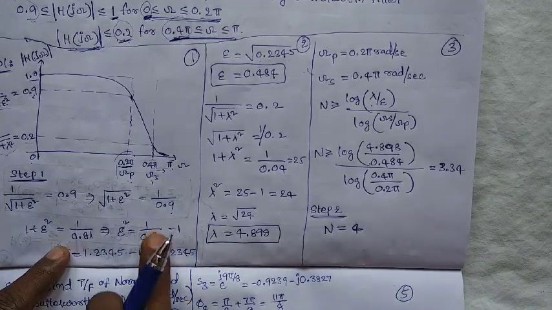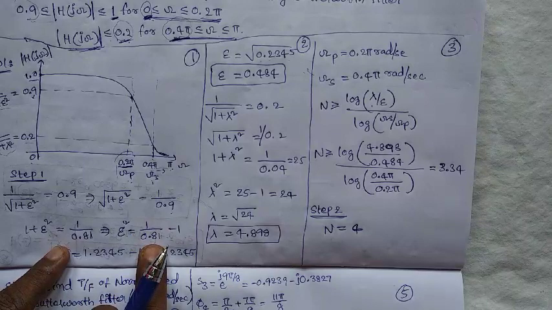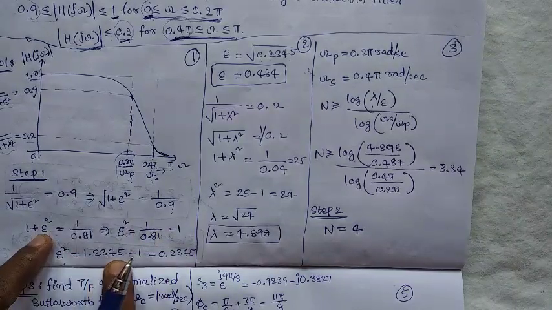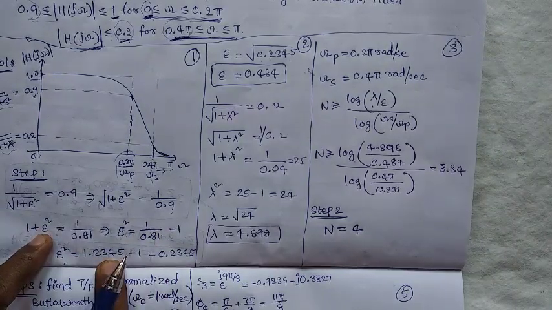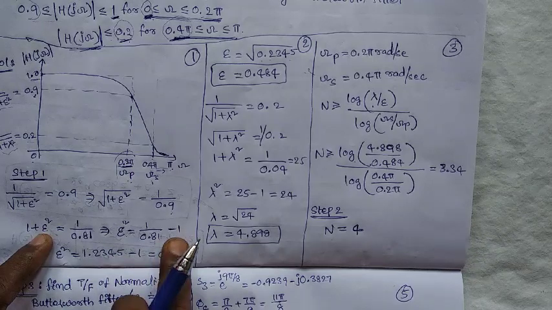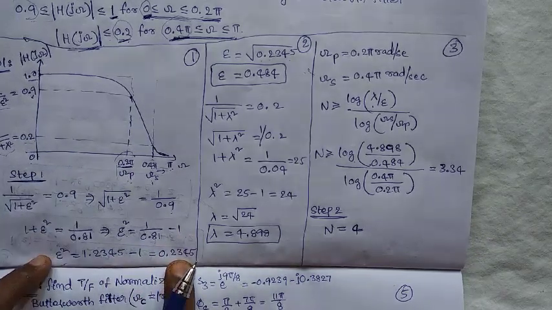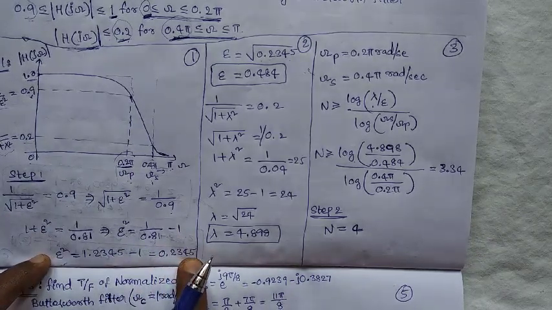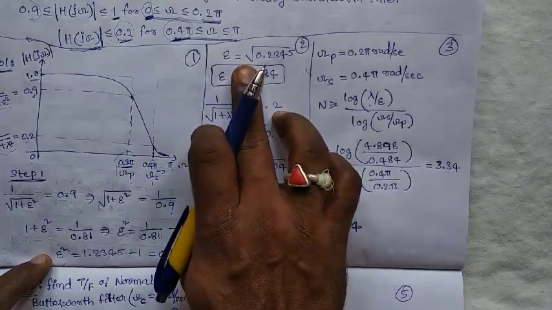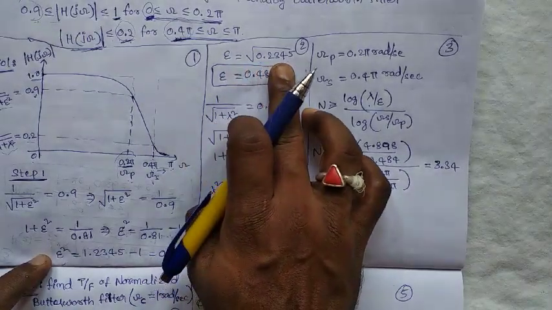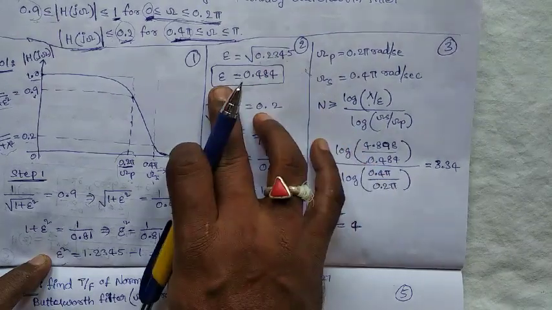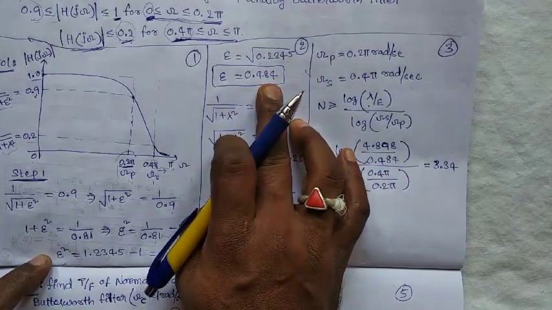This 1 by 0.81 value is 1.234, so epsilon square is equal to 1.234 minus 1, which is 0.2345. Epsilon is equal to square root of 0.2345, and its value is 0.484.